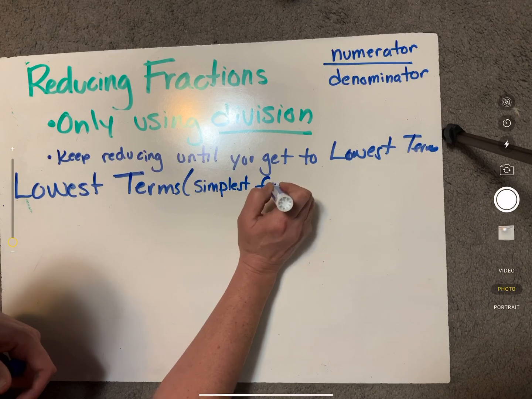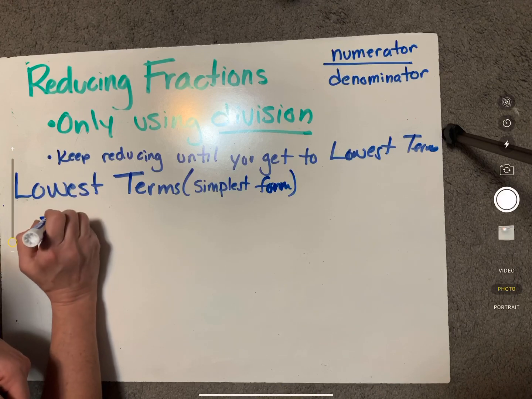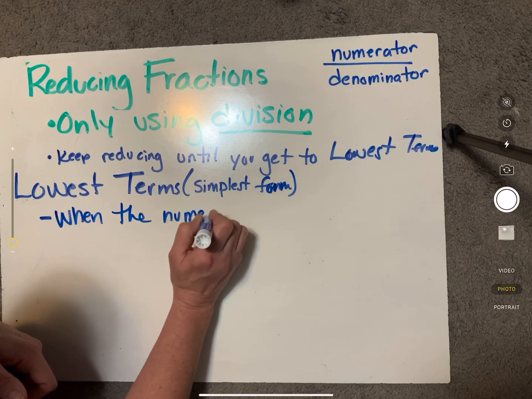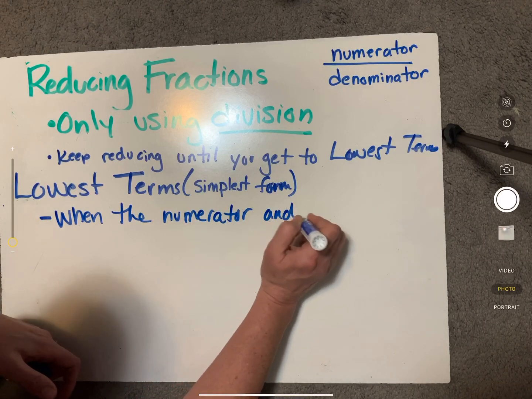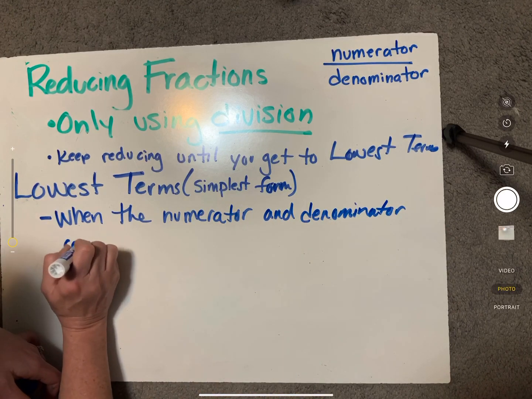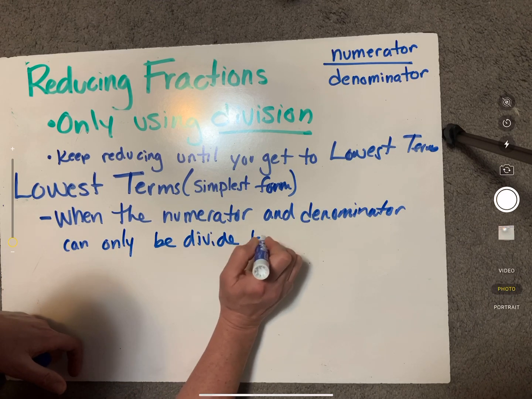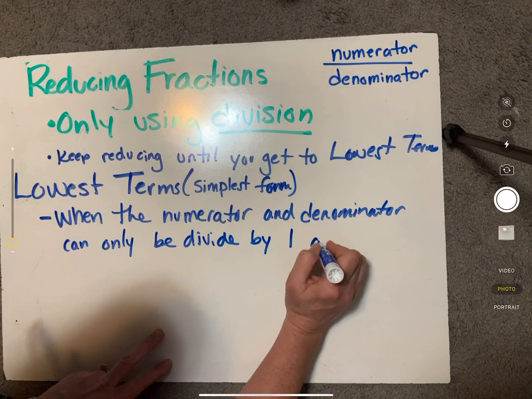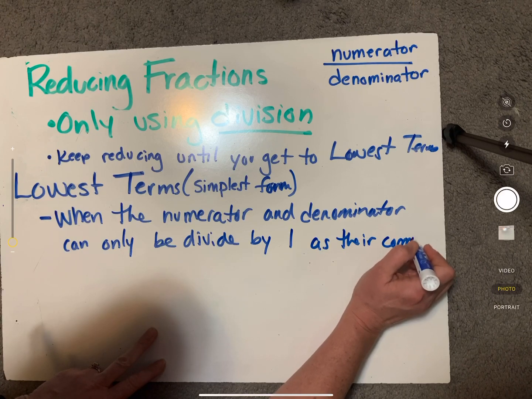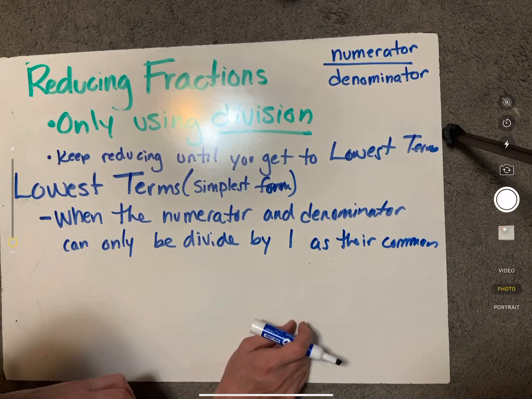What I mean by lowest terms is when the numerator and denominator can only be divided by 1 as their common number that divides them.